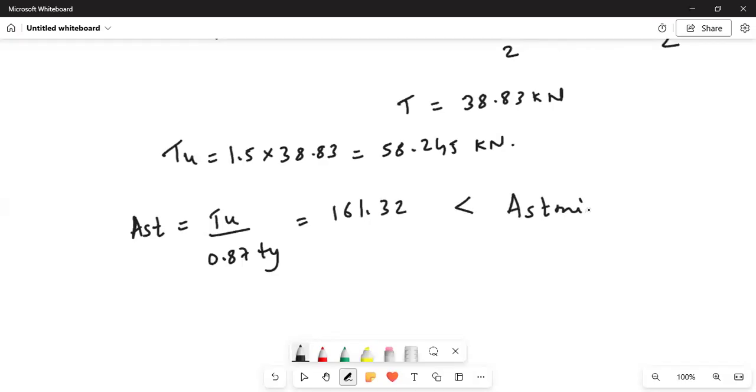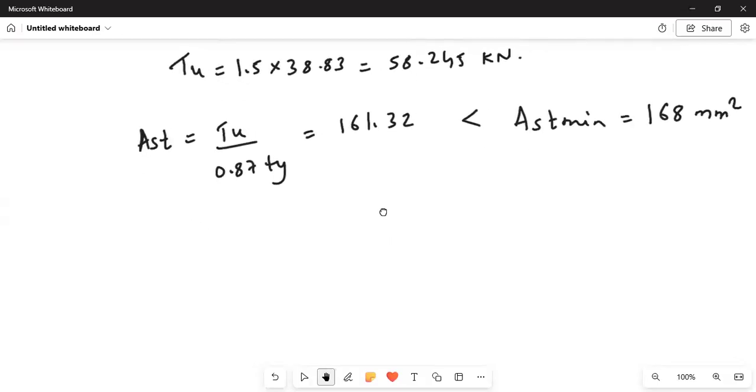What is the value of AST minimum? Already we calculated. The value of AST minimum is 168 mm square. Whatever AST we are getting for the hook tension, it is less than AST minimum. So we cannot consider whatever AST we have calculated. We need to consider the AST minimum, that is 168 mm square.